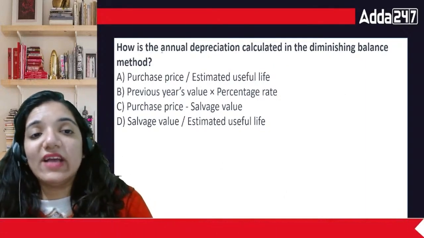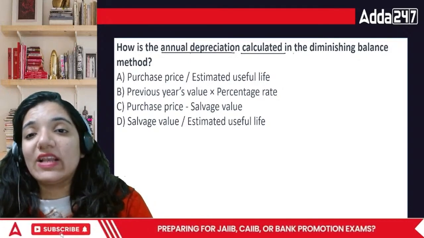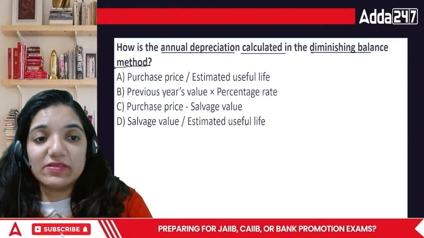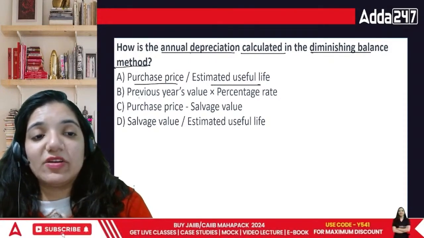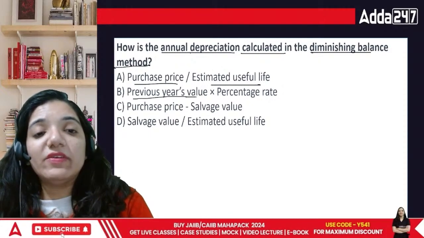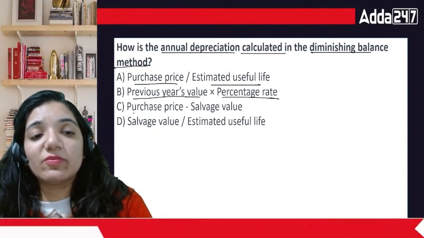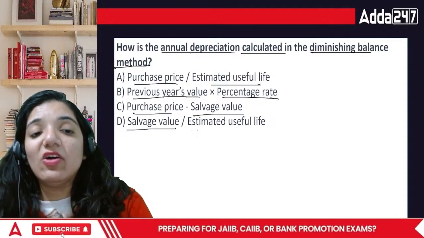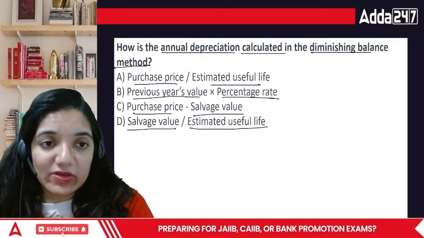Now, how is the annual depreciation calculated in the diminishing balance method? Purchase price divided by estimated useful life, or previous year's value multiplied by a percentage, or purchase price minus salvage value, or salvage value divided by estimated useful life.